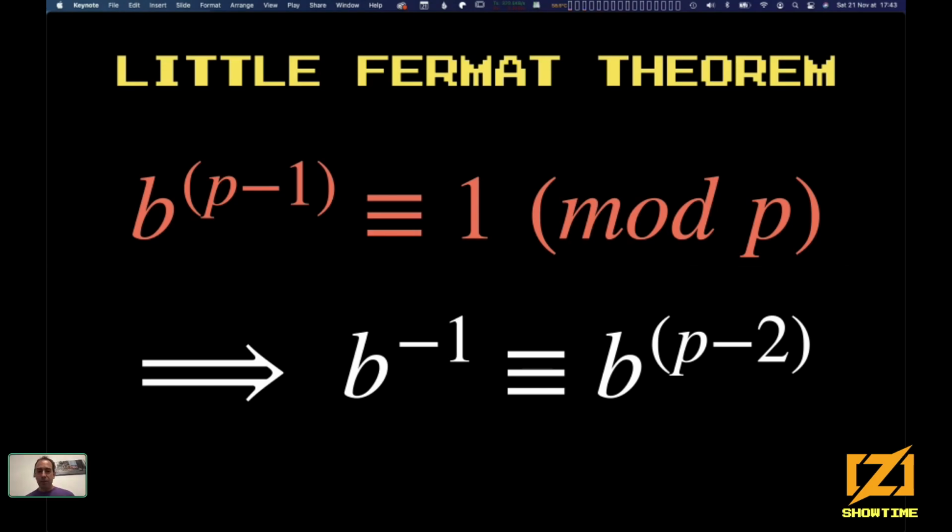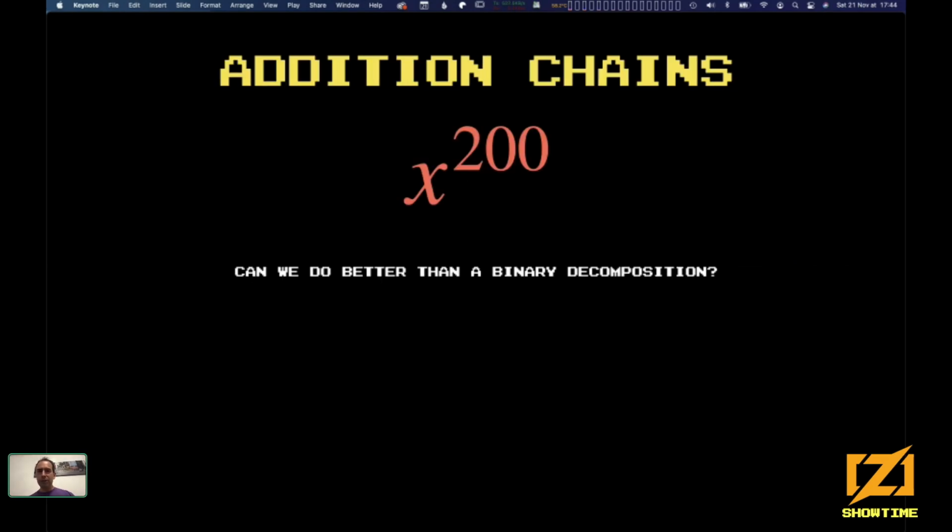So an implication of this is that the inverse of B is just B raised to P minus 2. So we know how to do an exponentiation, so we can use that to compute an inverse. But wait, we can even do something better, because P is a constant. We know what P is. So maybe we can go even faster than what we did before with the binary decomposition of the number.